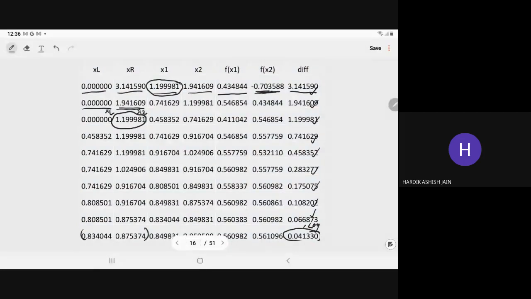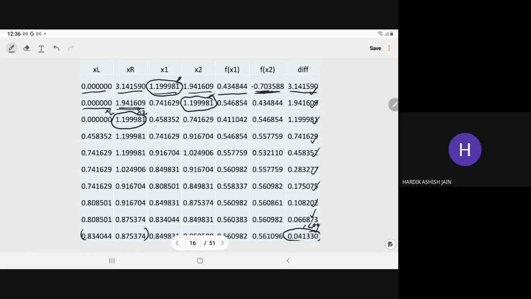That is the beauty of the golden section method: whatever x1 you have discarded becomes the x2 in the next iteration. Whatever you have discarded in this iteration will become the x2 here.